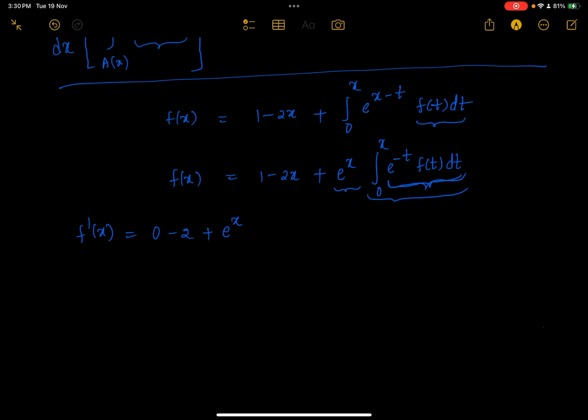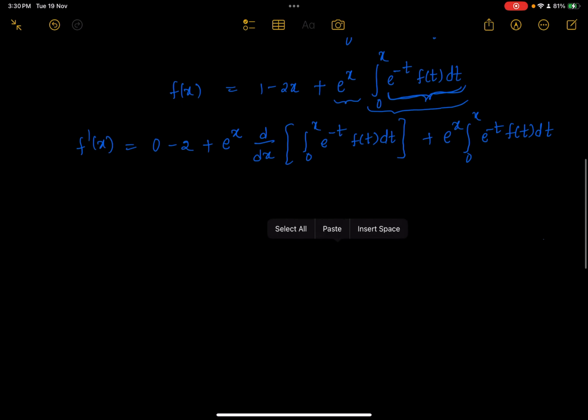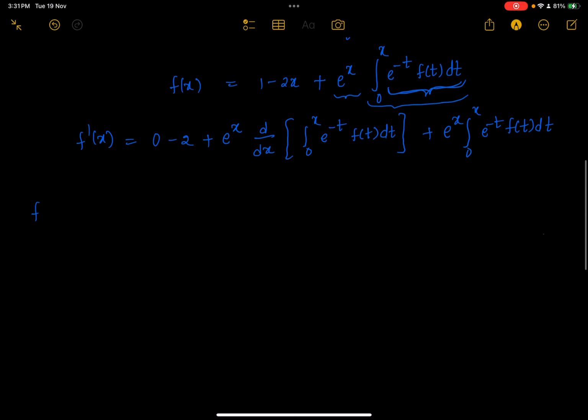So e power x, let us put that as it is, and we differentiate the integral 0 to x e to the power minus t f of t dt. Next we put the integral as it is and we differentiate e to the power x, and the differentiation is also e to the power x.